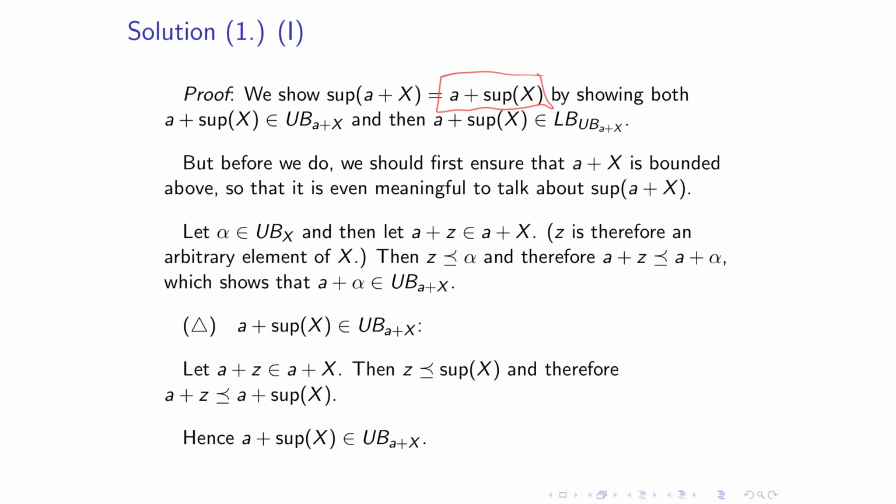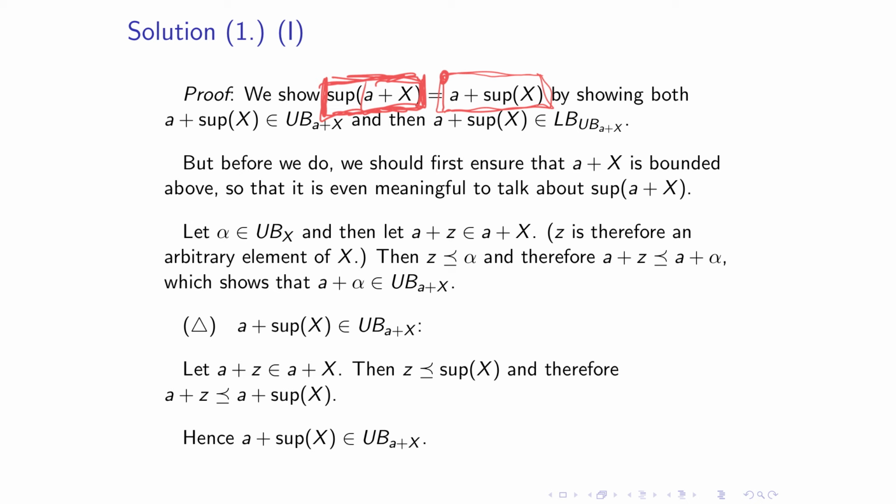What I'm getting at is that when you're showing some equation that has sups in it, if one side of the equation is a simple sup, a sup over just a single set, then probably, I can't promise this always goes this way, but a good rule of guidance is to try to show that the thing on the other side of the equation has the properties of the supremum for whatever set is here. So that's developing some instinct about how to approach proofs like these generally.